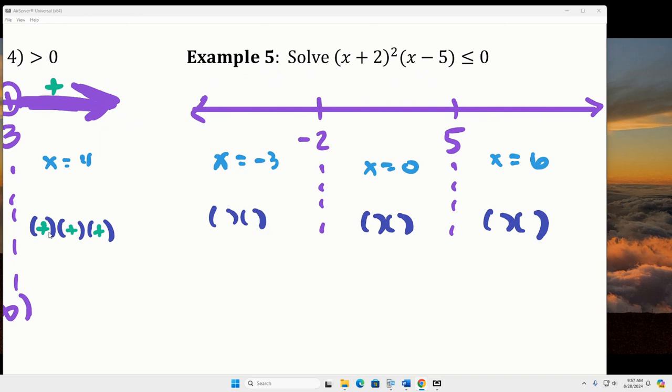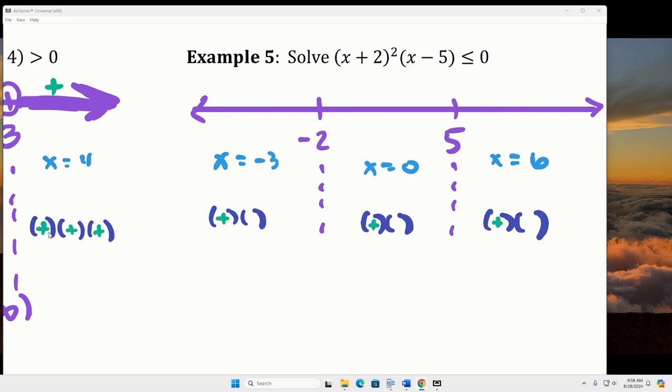So that's nice. I can just go ahead and that little set of parentheses that represented that factor, I can just make it a positive. I know it's going to be positive. So that works for squares. That works for even powers. Now, if it's a cube, you can't do that. You have to plug in the number. But square, it's nice. So all I have to do on this one is plug these values in here.